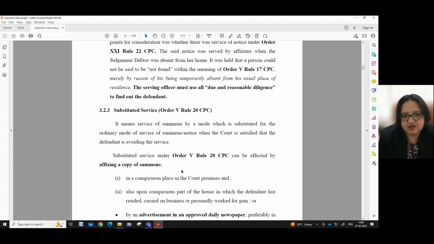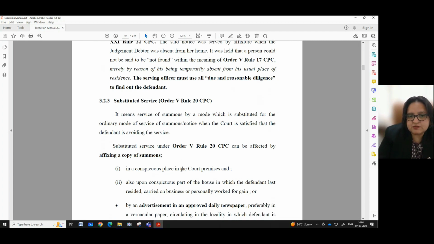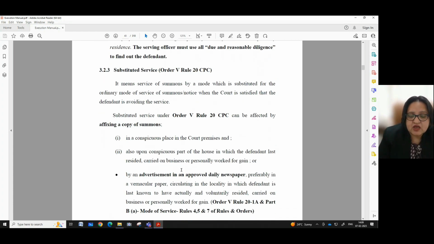Substituted service, Order 5, Rule 20 CPC. It means service of summons by a mode which is substituted for the ordinary mode of service of summons or notice when the court is satisfied that the defendant is avoiding the service.